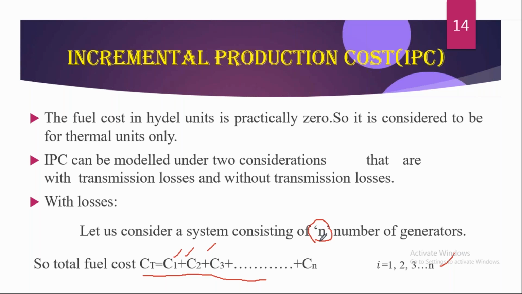Firstly, we have to estimate what the cost should be for generating, and while estimating the cost, we have to consider losses also. Why? Because we already did the problems in the previous unit, where we considered two cases: one with transmission loss and one without transmission loss.